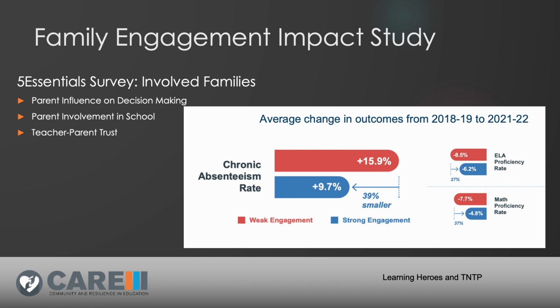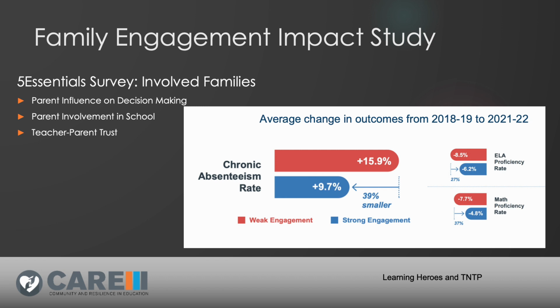So this focused specifically on the component of involved families, and there's 3 pieces that go into that component. One is parent influence on decision making, parent involvement in school, and teacher-parent trust.